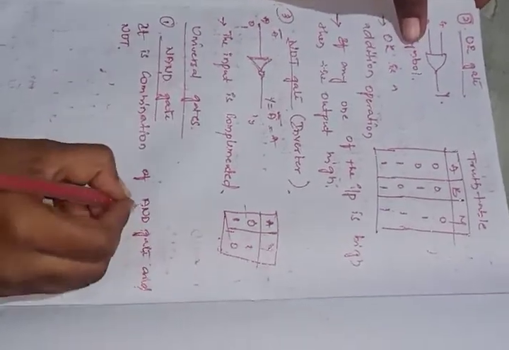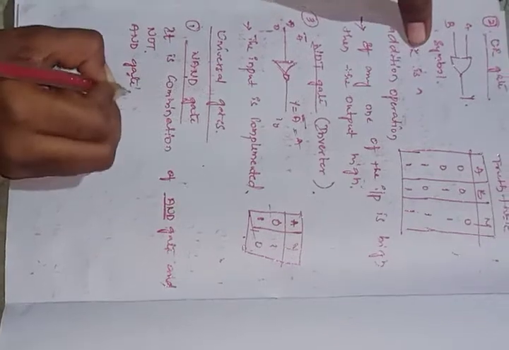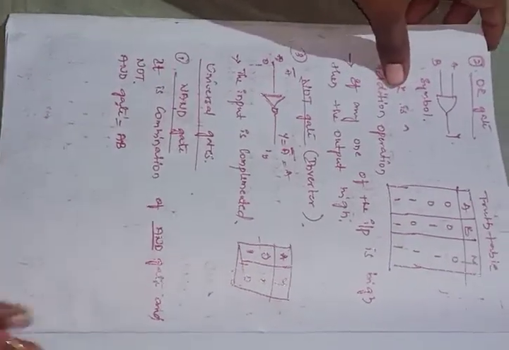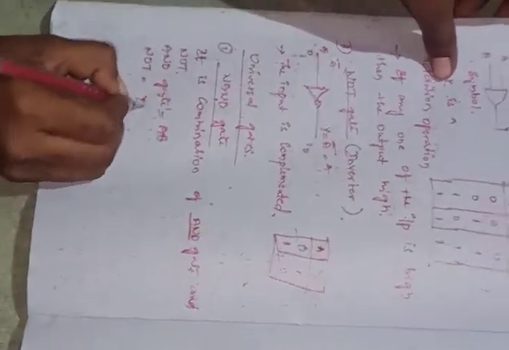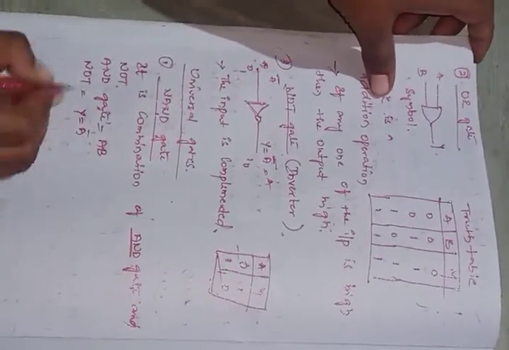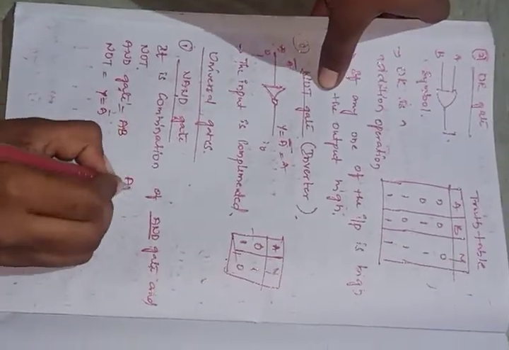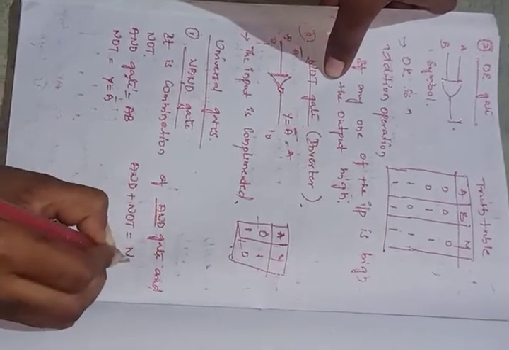We know that the formula for AND gate is Y equals A into B. The NOT gate is Y equals A bar. Now AND plus NOT is equal to NAND.